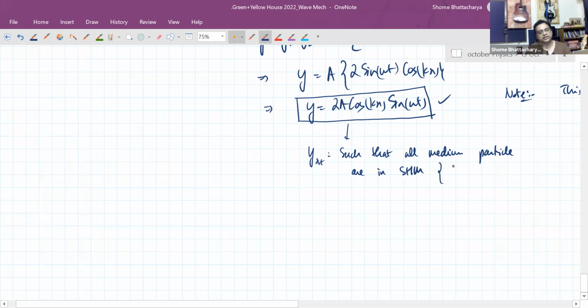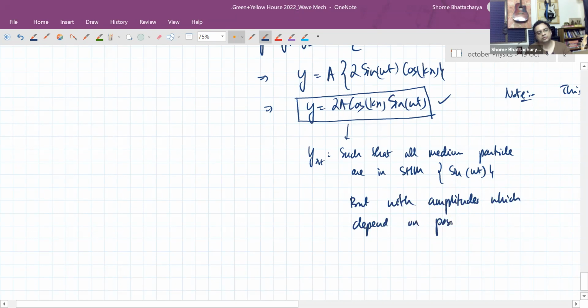That sine omega t term is showing you that they are in SHM, but with amplitude which depends on position. So time varying position dependent amplitude.